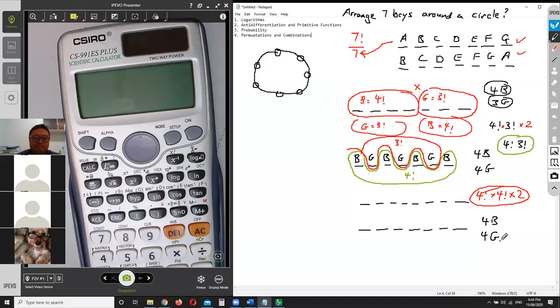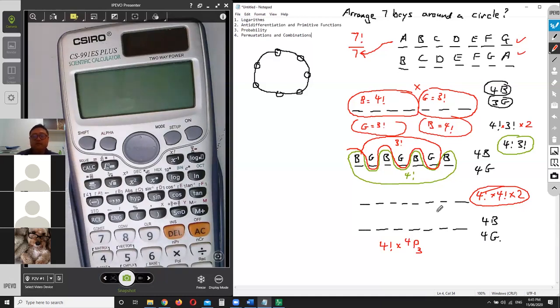Is it what we were doing earlier, where you had to minus? Is it 4 factorial times 4p3? Say it again. 4 factorial times 4p3. Talk me through your logic.